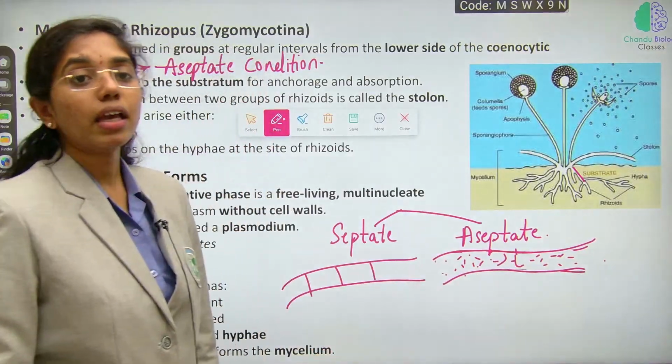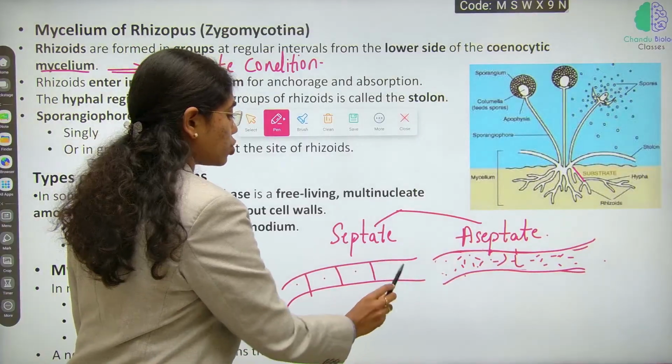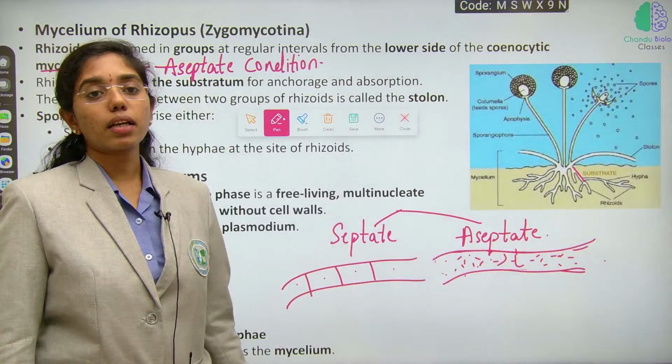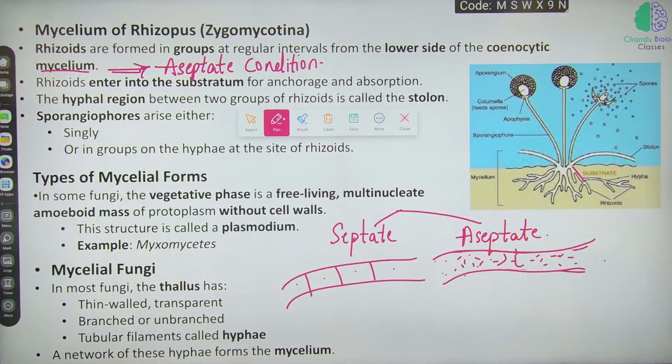T1 is 25, T2 is 20. So 25 divided by 20 equals K2 by K1. So K1 by K2 will be equal to 4 by 5. Option B is the correct answer.